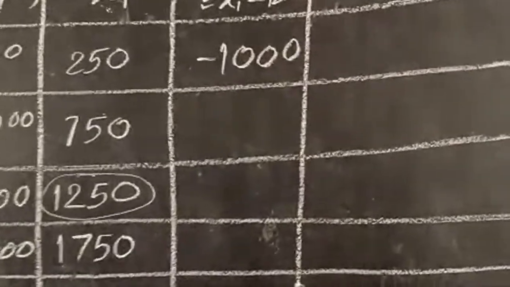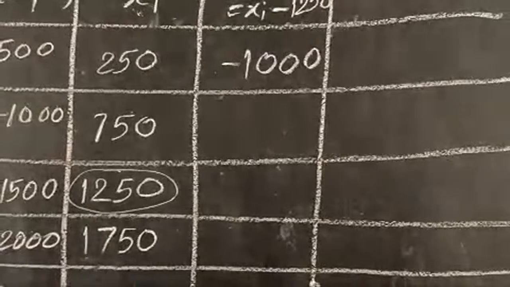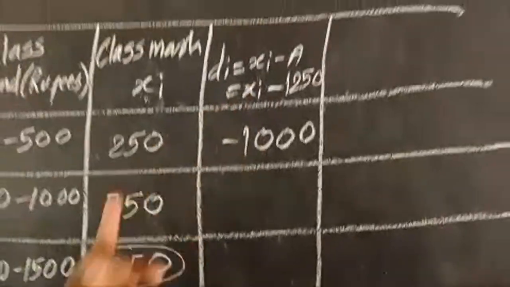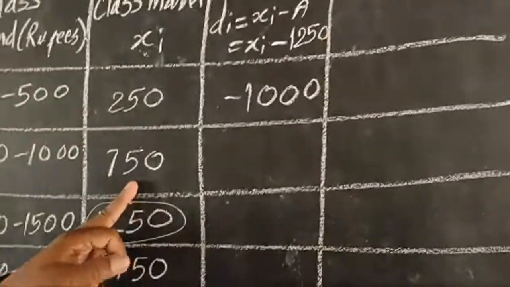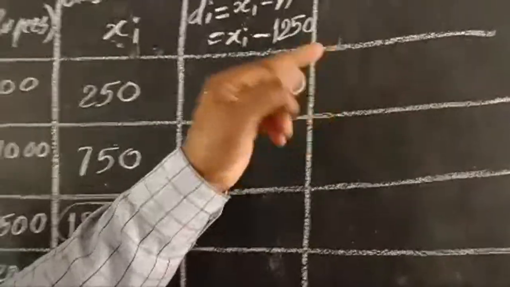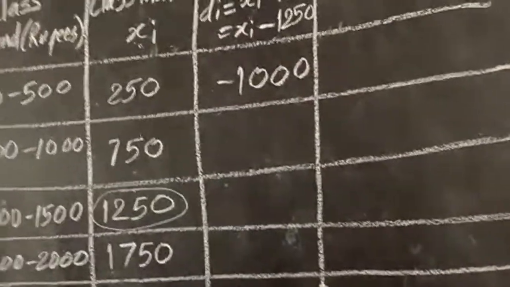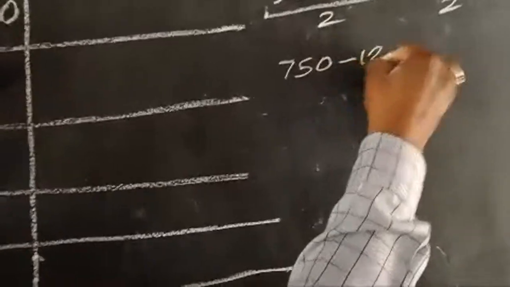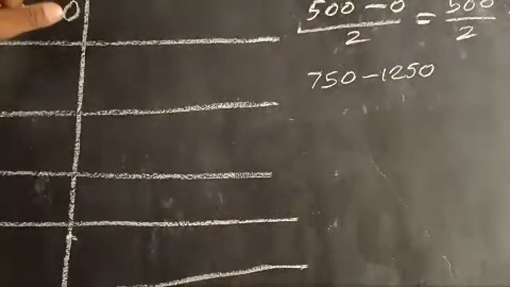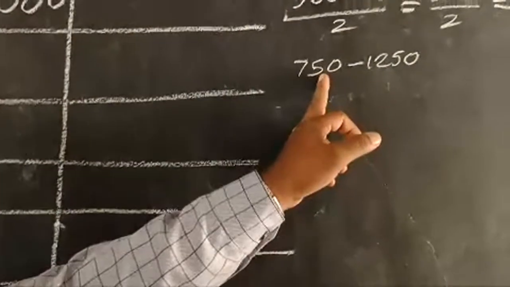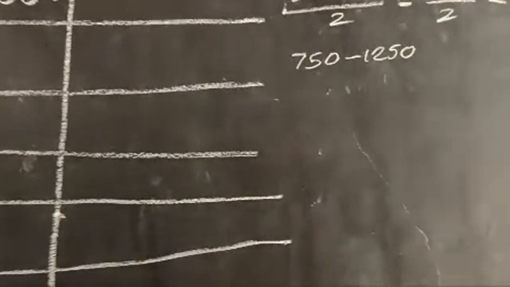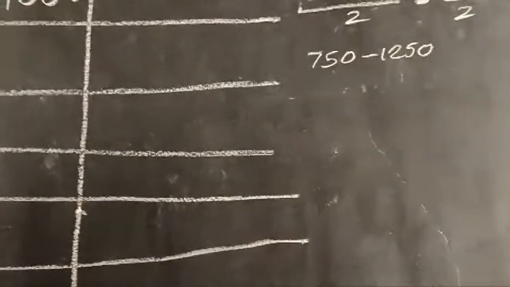Next. Value of xi is 750 minus 1250. Subtract 1250 minus 750.